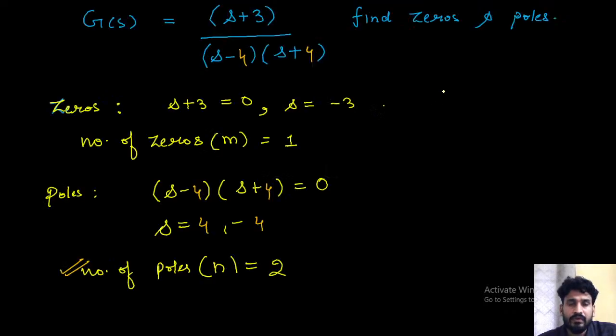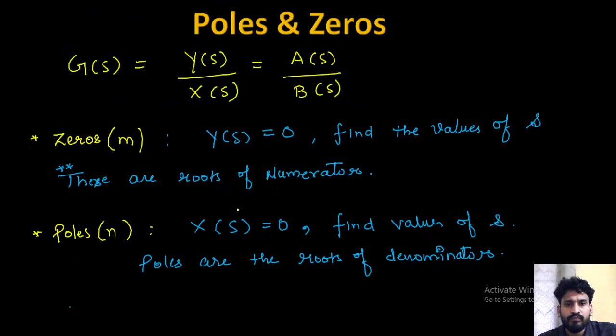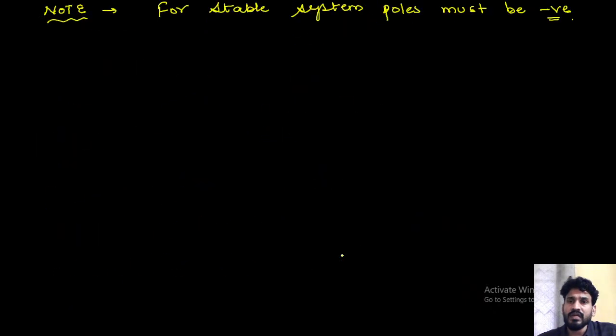It is clear to you or not? What are the poles? Poles are the denominator roots. The denominator is my characteristic equation. If those are negative, it means that the roots lie on the left side of the imaginary axis, and that will be the stability condition. Is it clear?